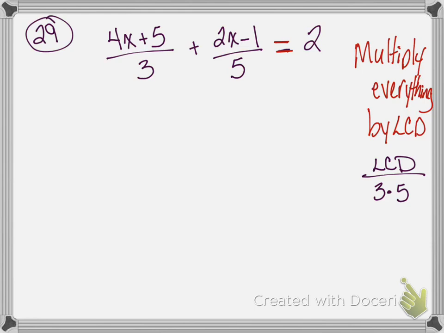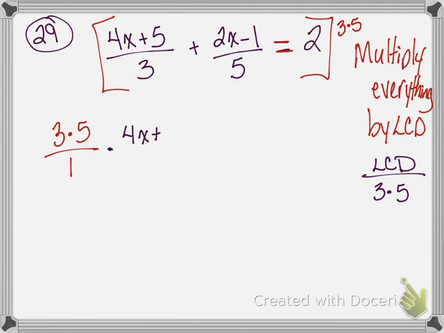So I am going to multiply everything by 3 times 5. So I have 3 times 5 over 1 times (4x + 5) over 3.